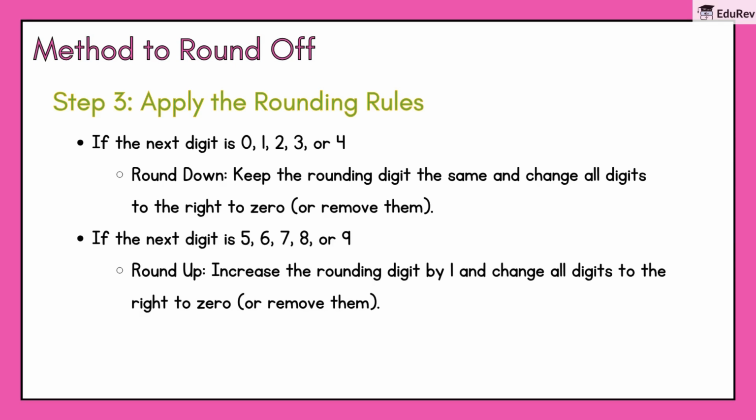This means we increase the rounding digit by 1 and change all digits to the right to 0 or remove them. For our earlier example, 347 has a next digit of 7, which is greater than 5, so 347 rounds up to 350.